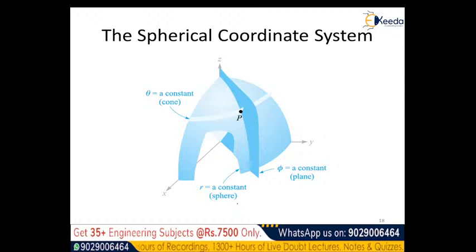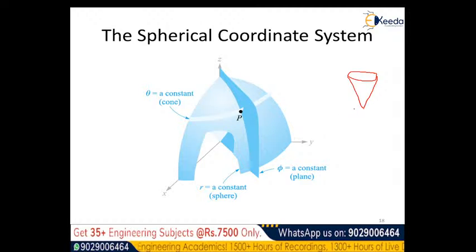Now when we limit the value of theta to a constant value, let us say theta is equal to small a, whether you mention it in degrees or in radians, what will happen if you try to extract a portion from a complete sphere? You will get a cone here. I will explain it on the side here. So this will be the cone, which is a part of a sphere. Here it is, the cone.